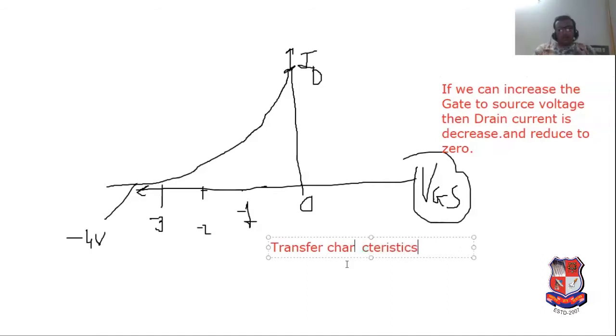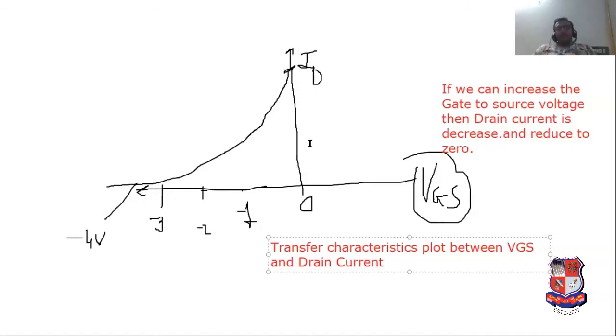Plot between VGS and drain current. So it is the biggest difference between transfer characteristics and output characteristics.